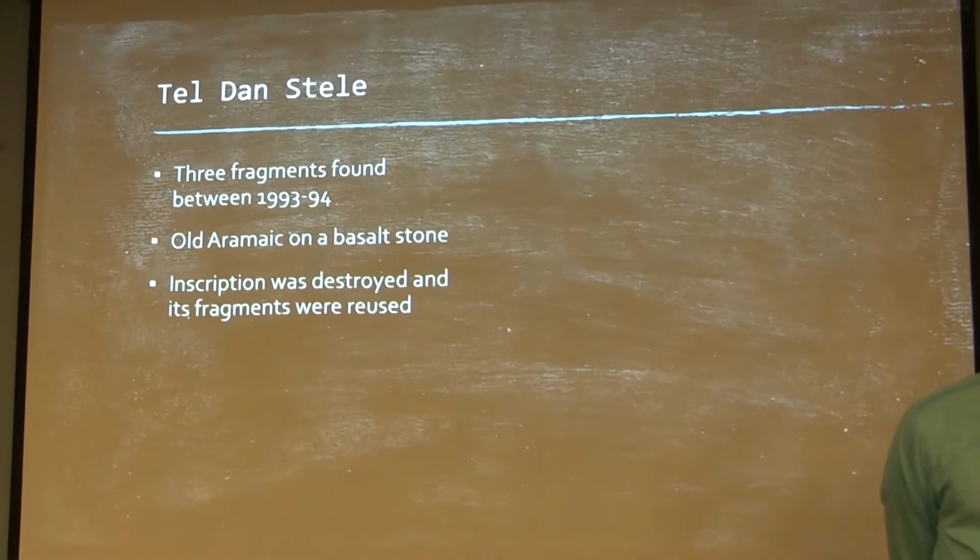So the monument was broken into a billion pieces, and then each one of the pieces was used for other things, which is interesting because it shows us that the monument was desecrated, and somebody came along after the fact and wanted to leave their imprint, and they saw a stone structure glorifying some Aramaic king, and they thought, we don't need that here, and we just break it into a billion pieces and use all the pieces for something else. But anyway, this is what I mean when I say it was destroyed and the fragments were reused.